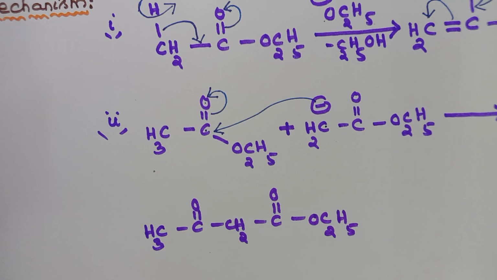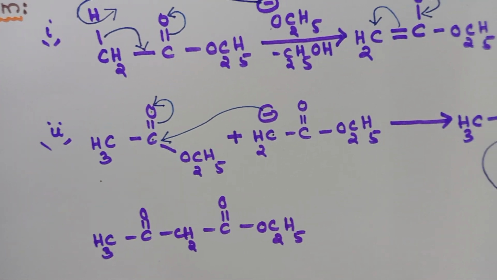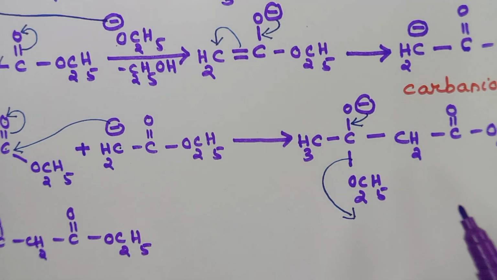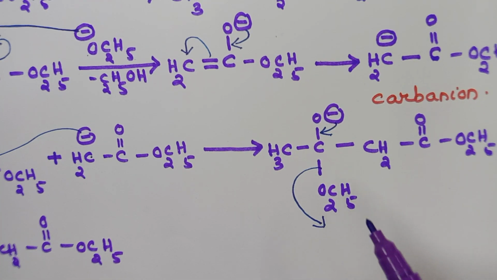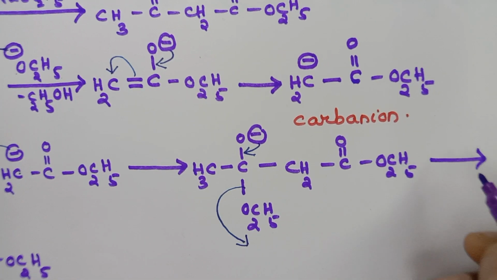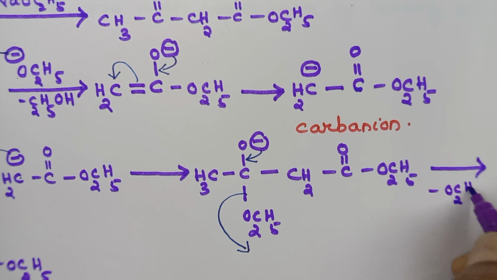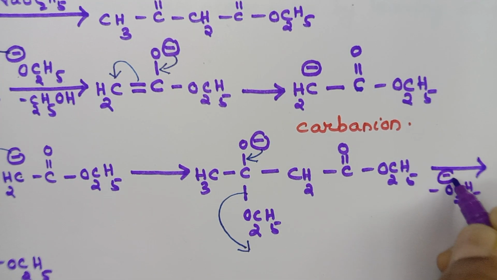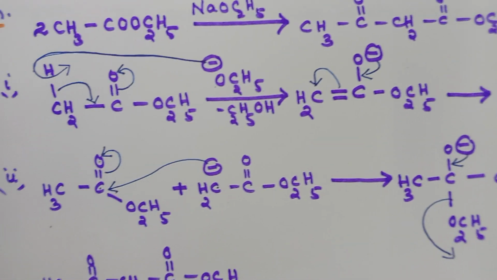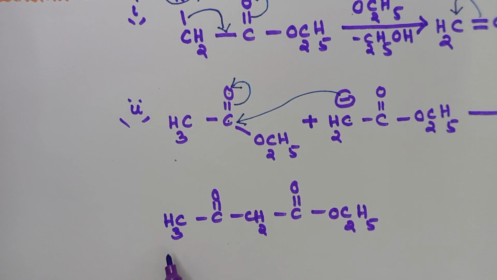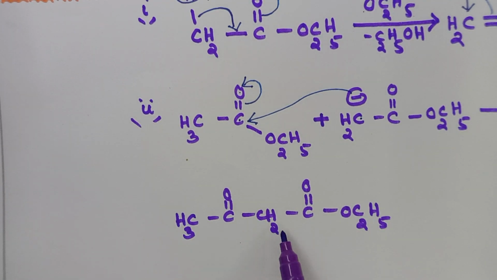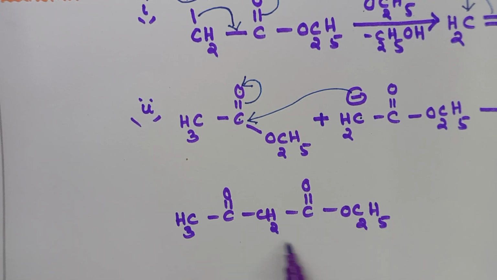So here you have to write, look here, this OC2H5 minus is coming out, right? So you just mention below the arrow minus OC2H5 minus without any confusion. Okay. So this is the last product, that is CH3 C double bond O CH2 COO C2H5. What is it, students? Aceto acetic ester.